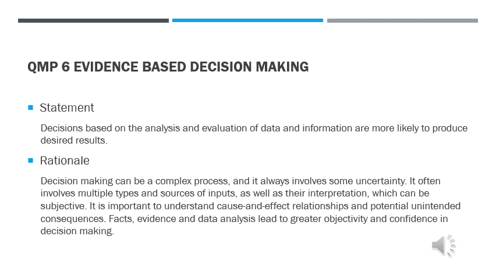It is important to understand cause and effect relations and potential unintended consequences. Facts, evidence, and data analysis lead to greater objectivity and confidence in decision making. So the key benefits of this QMP6: it can improve decision making processes and also assessment of process performance and ability to achieve objectives.